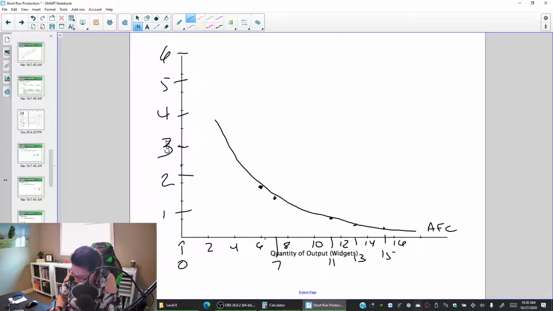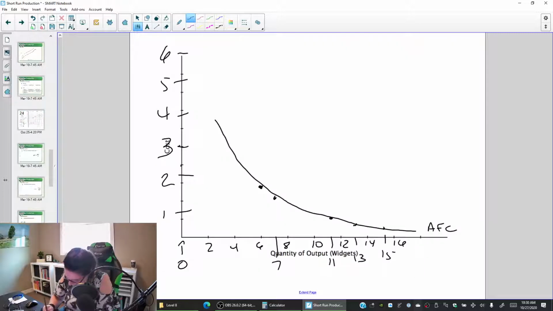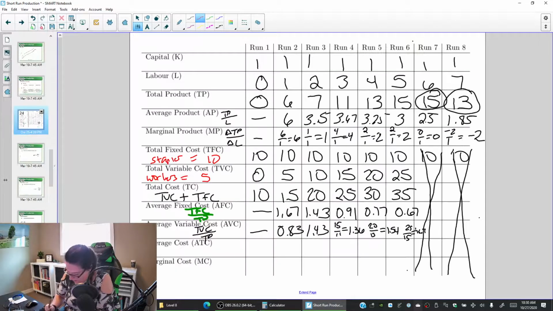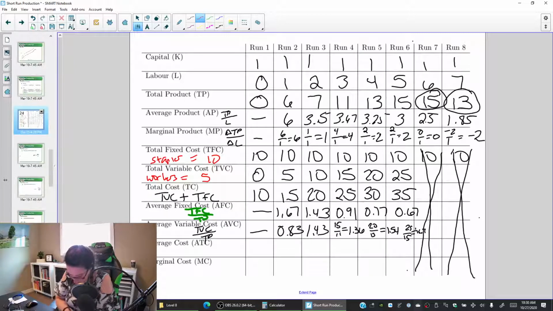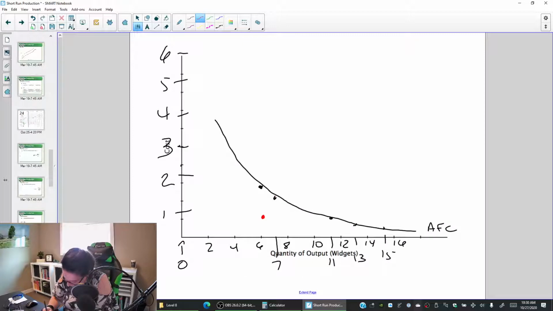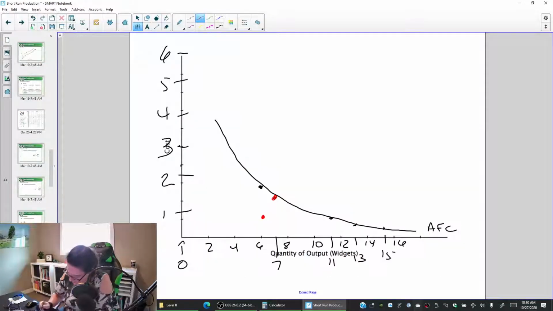So at 6, we are at 0.83. And then we are at 1.43. And how does that compare? That's the same number, so we should be here. Okay, and then at 1.36, and that's at 11, we're at 1.36.